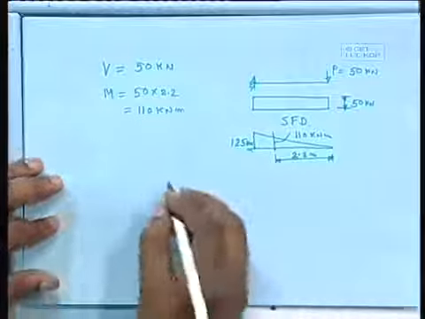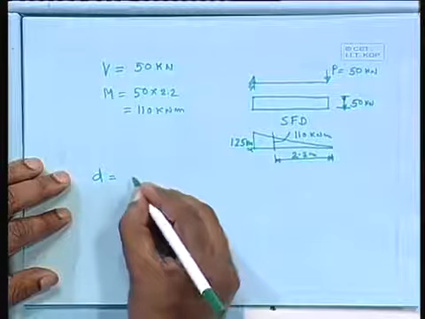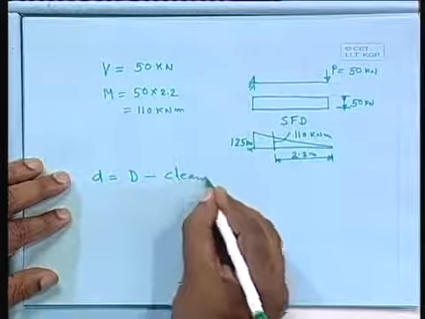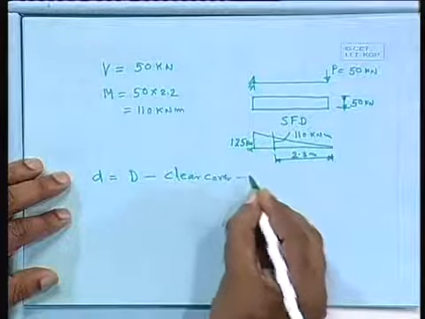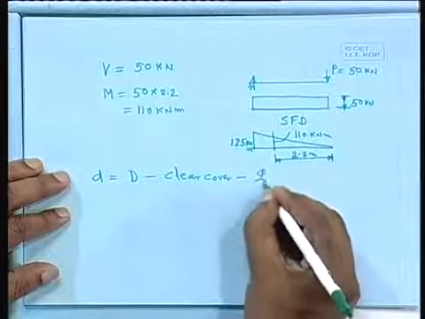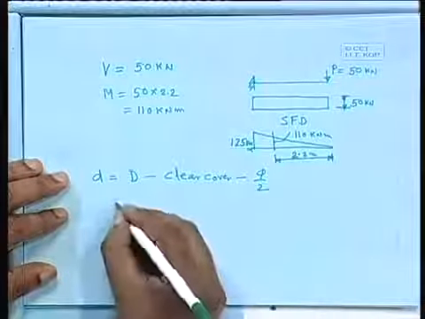What about D? D is equal to overall depth minus clear cover minus, say, 25 by 2. Let us assume that a 25 millimeter bar we are using.